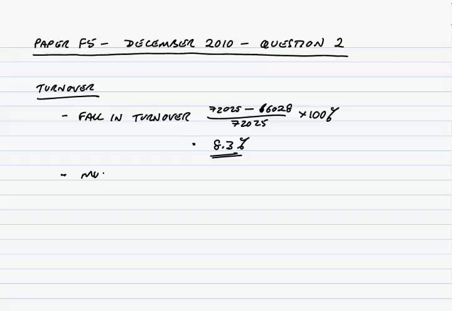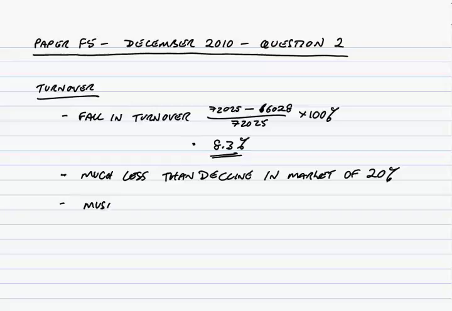It's much less than the decline in the market of 20%. It must mean we must have improved the market share.